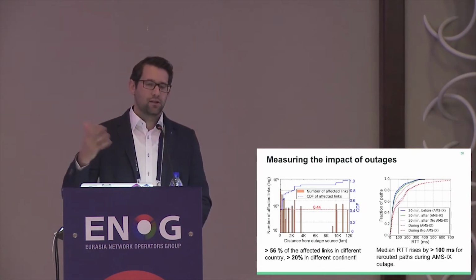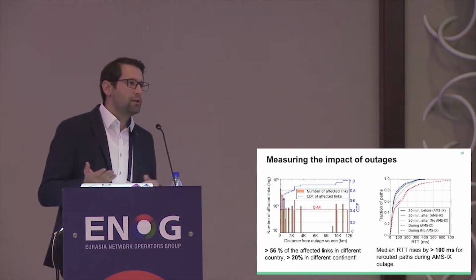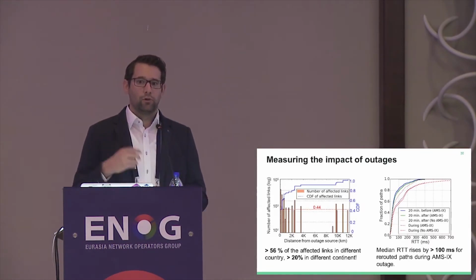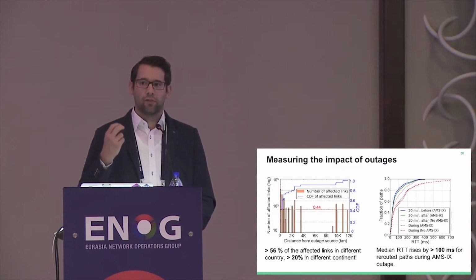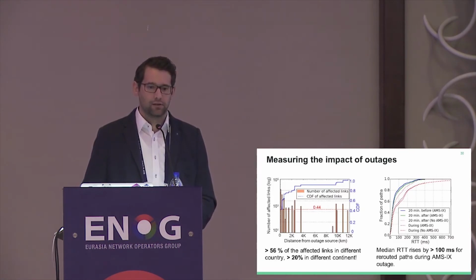For instance, a big IXP failed, and one could say, okay, maybe the backup paths are as good as the default path, but what we learned is that if something breaks and it's an important infrastructure, it can be experienced by a rise in the RTT. And most of the RTT rises are about 100 milliseconds or larger.